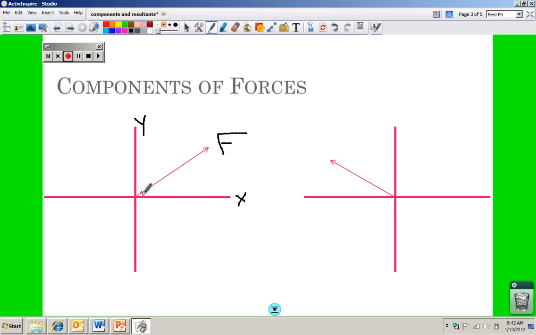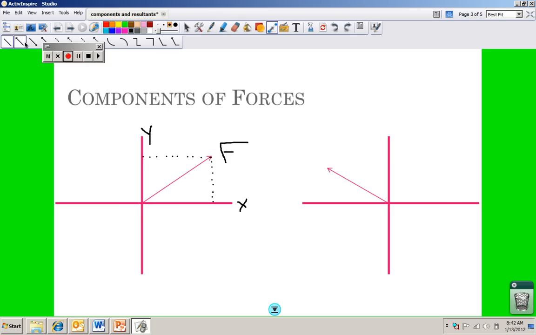It has an x component here and a y component here. Okay, so if we want to figure out and kind of graphically project those, we can go down like this and across like this.